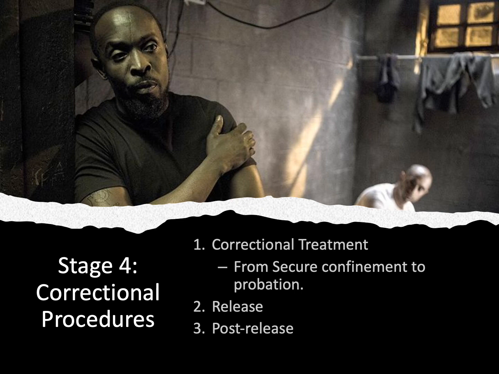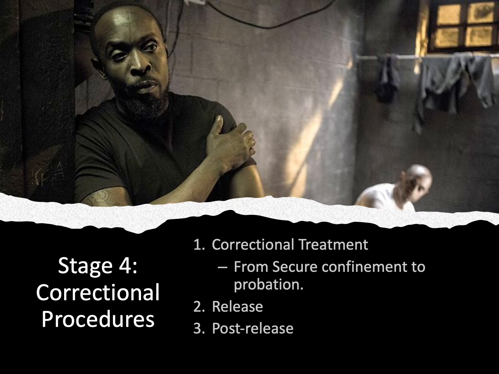With correctional treatment, if the sentence is secure confinement, you're sentenced to an actual prison sentence. You'll be confined in a penitentiary if it's a state-level crime, and you'll be committed to a state penitentiary. That's usually for a sentence of over a year. If it's less than a year, you will be confined to a jail, which is run by the county.